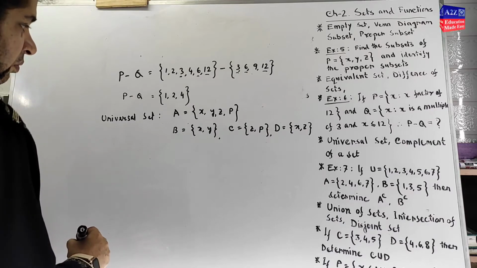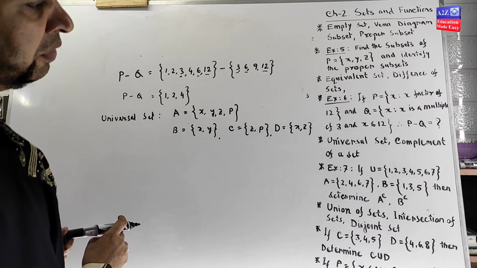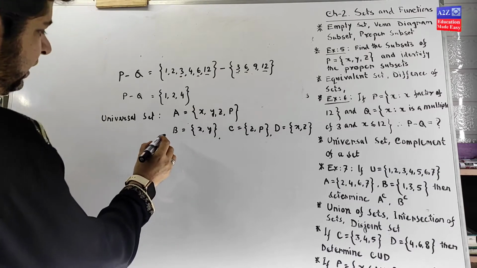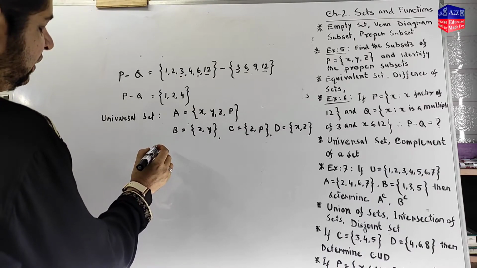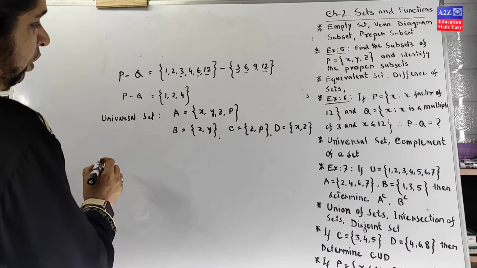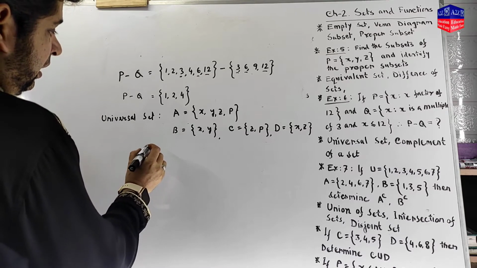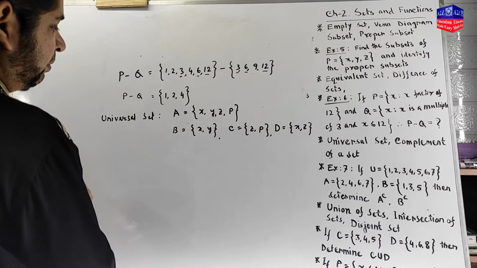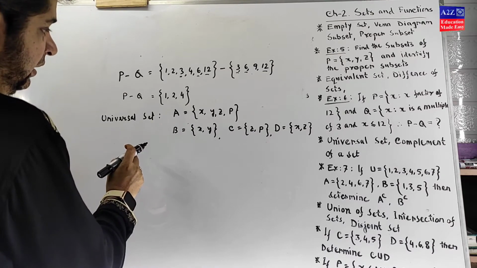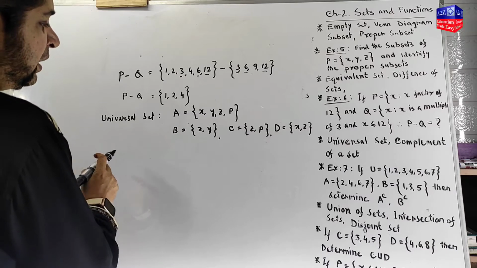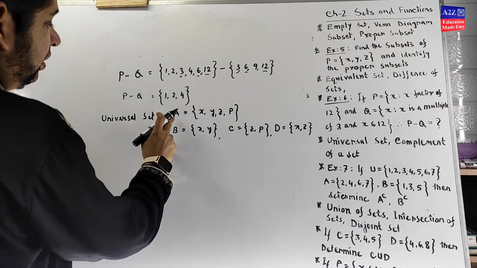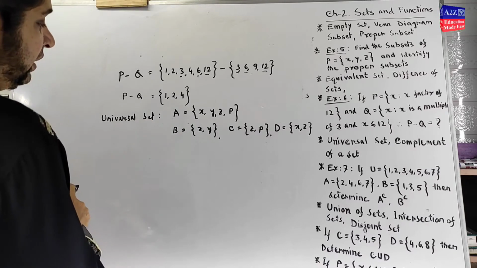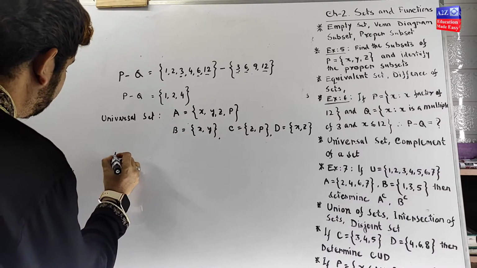And complement of a set. In this example I can define the complement of a set. A has three subsets here, B, C and D are the subsets of A. And the complement of set B would be the universal set delete these subsets.